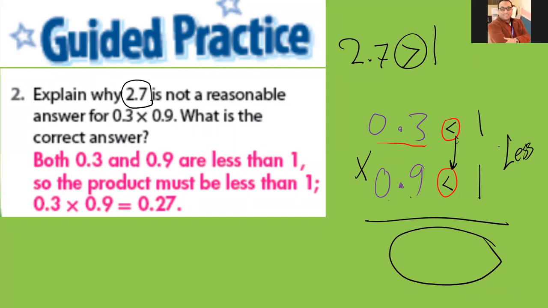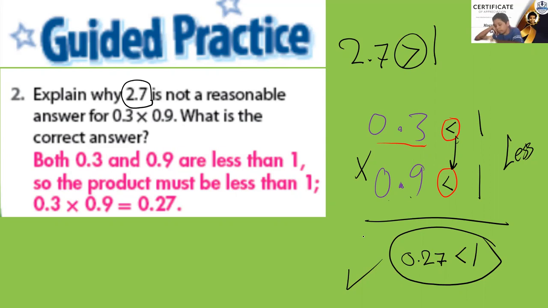So when we compare, 0.27 will also be less than 1. So this is the correct answer, not 2.7, because 2.7 is more than 1. Okay? Copy the answer, my dear students, and let's move to another hero in the session.